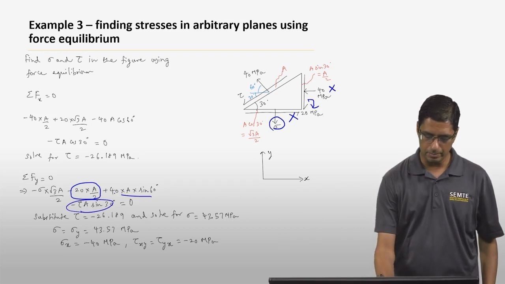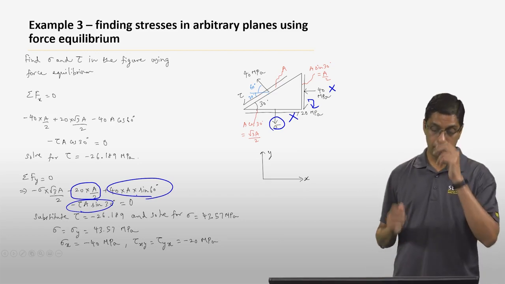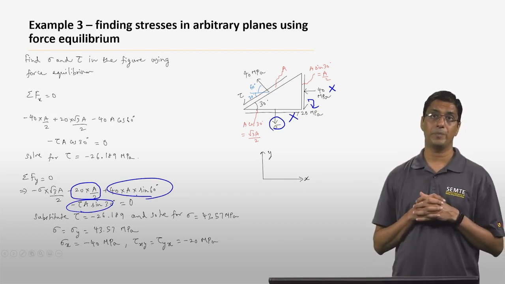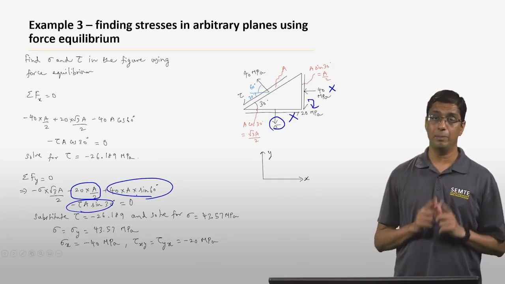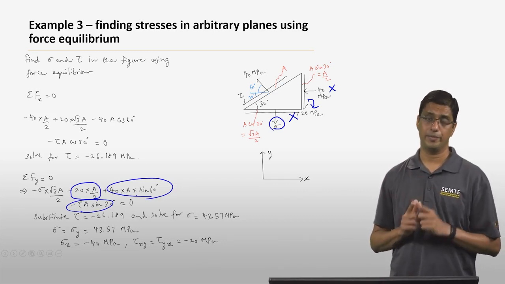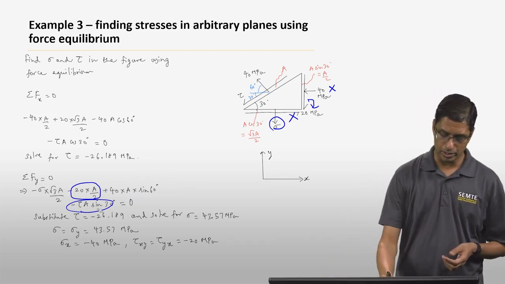The main thing is that you multiply by the area, but because these two stresses, tau and the 40 MPa stress, are not along the y direction, you have to take the components along the y direction. Don't forget that.